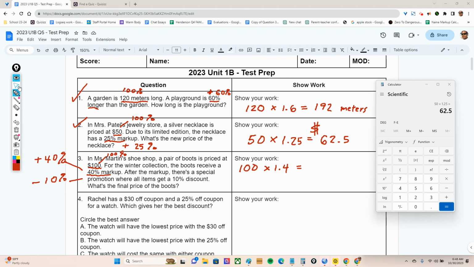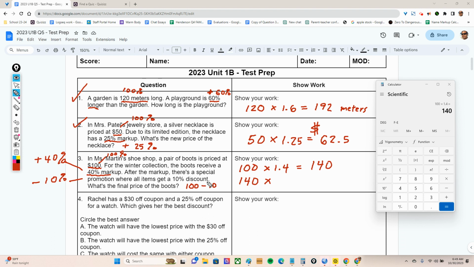Okay, so we're going to clear that out. Boom. 100 times 1.4 equals 140. 140, and then we're going to take that 140 times, and right here we're going to do 100% minus 10%.